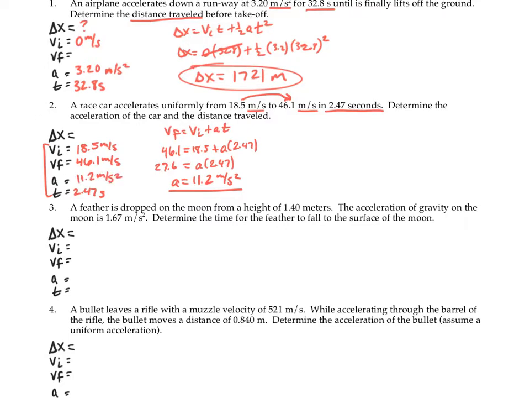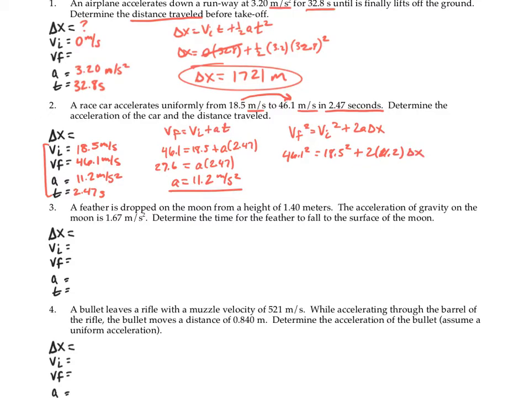Now I want to solve for displacement. I could literally use any of my equations because I have 4, not 3 variables. Let's just use the third one. So final velocity, 46.1. I need to square that. Initial is 18.5. I need to square that too. Acceleration is 11.2.